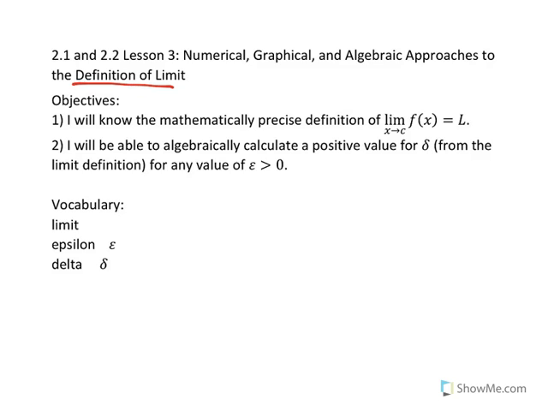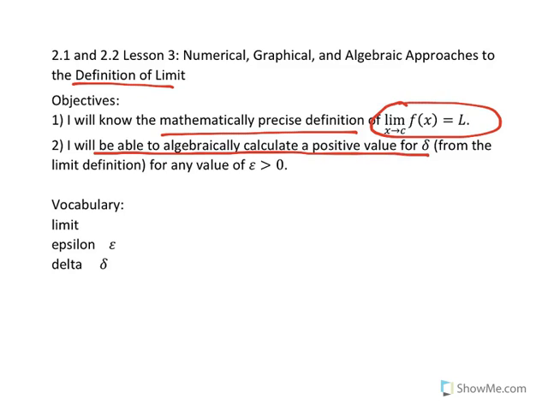So today we want to look at the mathematically precise definition of the limit of f of x as x approaches c is equal to L. And you will be able to algebraically calculate a positive value for delta, which is from the limit definition. We also saw delta yesterday when we did our problems for any value of epsilon that's positive.